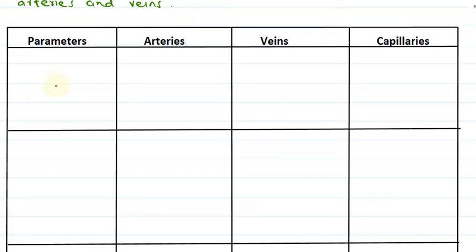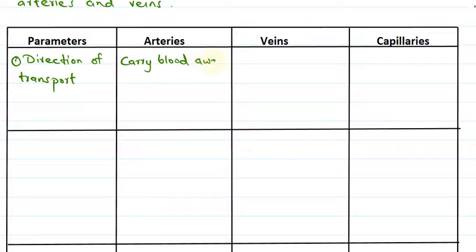So now let's discuss the difference between these three types of blood vessels, that is arteries, veins and capillaries. So the first parameter here we would consider is the direction of transport. So in case of arteries, they carry blood away from the heart. Whereas what do veins do?